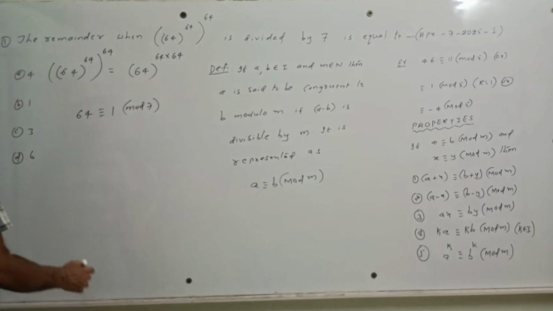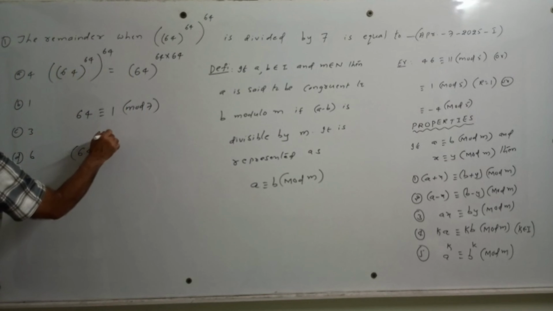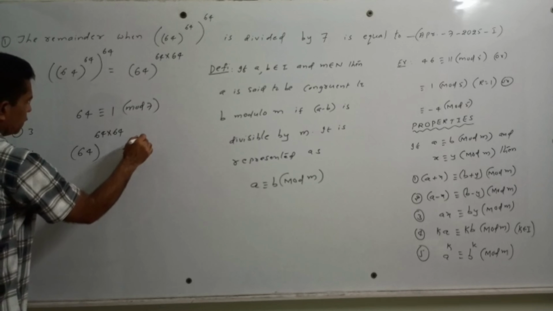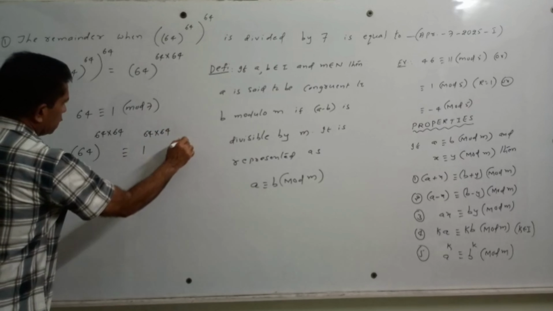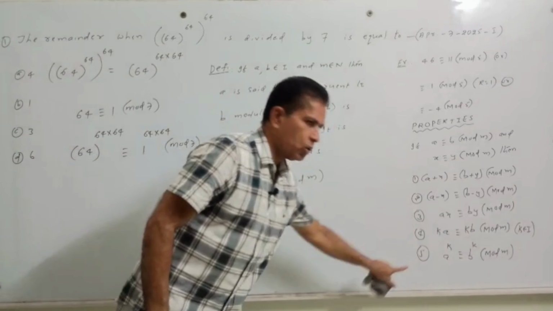Now I am taking whole power 64 into 64 on either side. 64 to the power of 64 into 64 is congruent to 1 to the power of 64 into 64 modulo 7. So by using this property, I wrote that step.